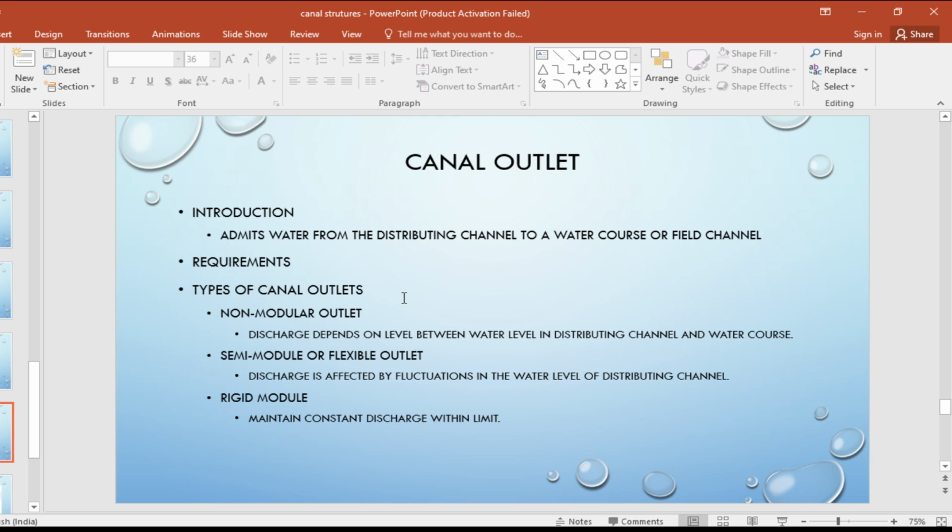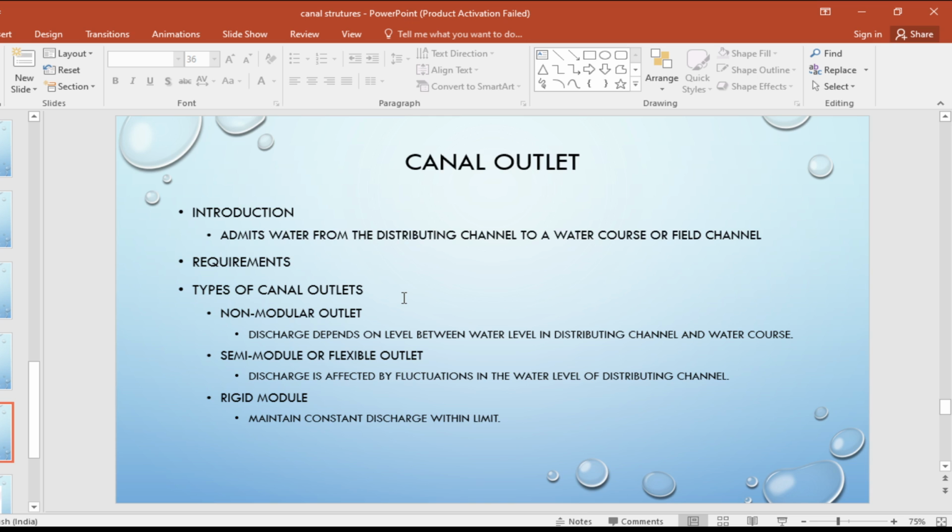The outlet is the connecting medium to both of these, that is the distributing channel or whole network and the field channel. The connecting medium is nothing but your canal outlet.